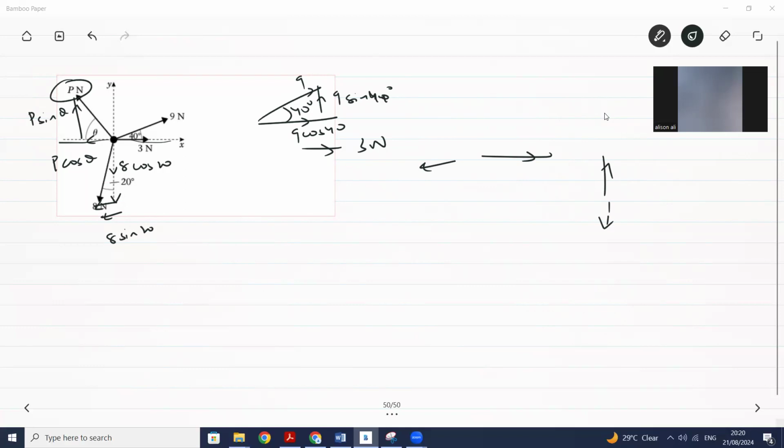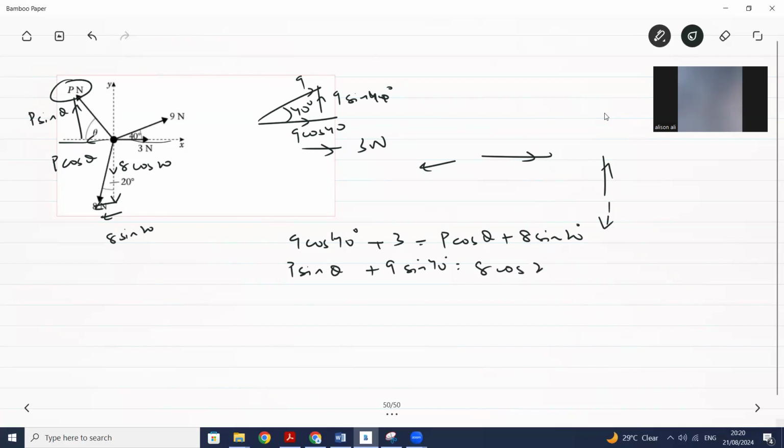So we have 9 cos 40 plus 3 is equal to P cos theta plus 8 sin 20. That is the first equation. Then P sin theta plus 9 sin 40 is equal to 8 cos 20.